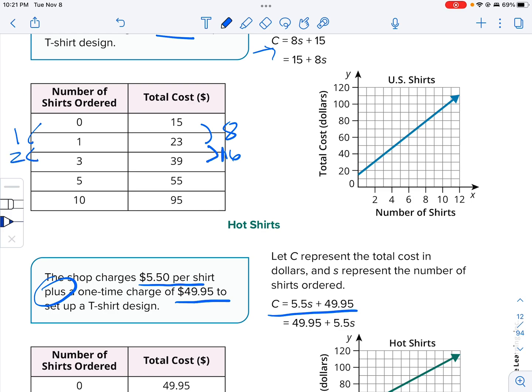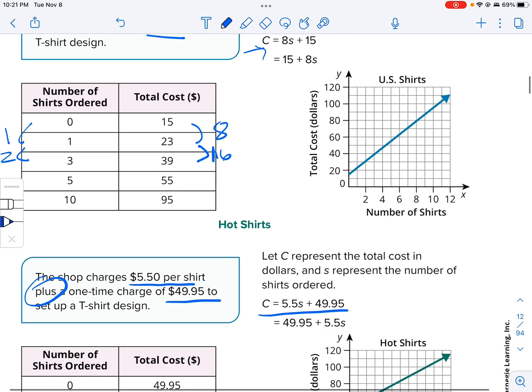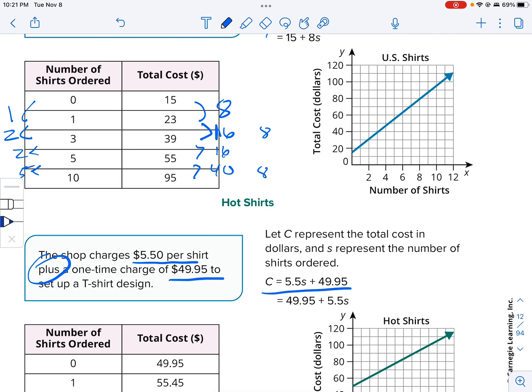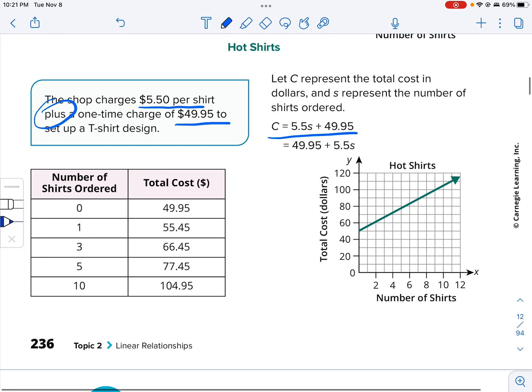The change in y over the change in x comes out to 8. If I have 55 minus 39, that is also 16. This is also 2. Still going up by the same amount. That's 40. That's 5. 40 over 5 is still 8. So it's linear.